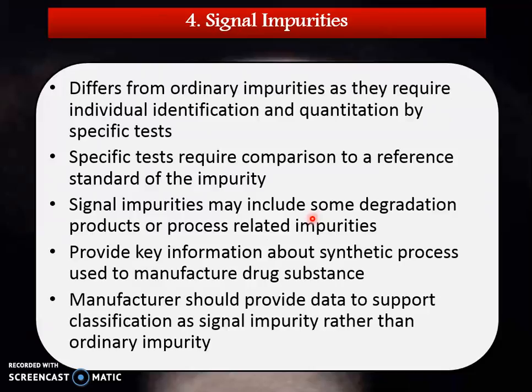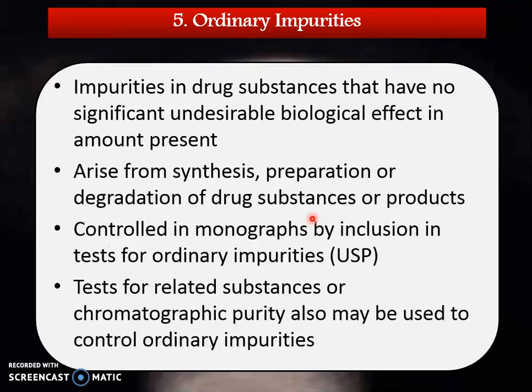Signal impurities are impurities that are process related, for example a byproduct from the reaction, and it can cause other reactions to happen in the process. Compared to ordinary impurities, it can also be a byproduct from a reaction, but the byproduct will just be an observer of the reaction. It will not react with other reactants.